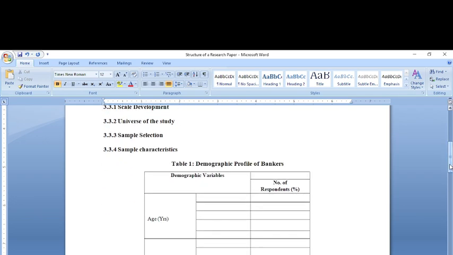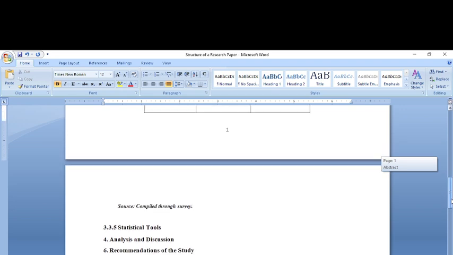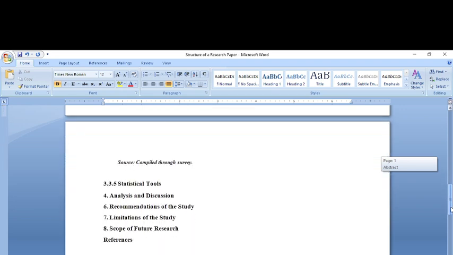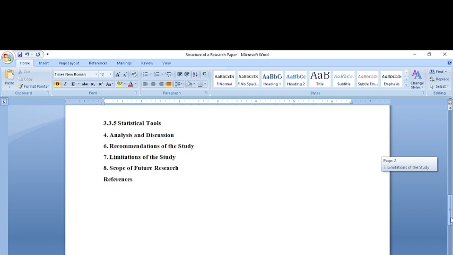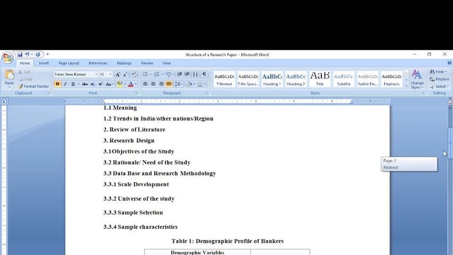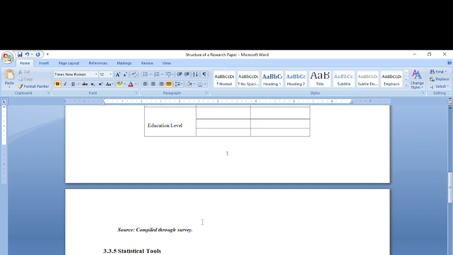As I've already discussed, the sample characteristics shall be given in paragraph form along with a table of the demographics, and you can write the source as compiled from the survey that you've conducted by circulating or getting filled a questionnaire. Then another subheading in database and research methodology is the statistical tools that you've used.